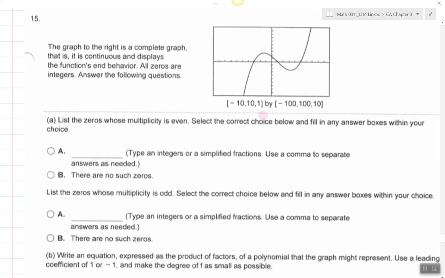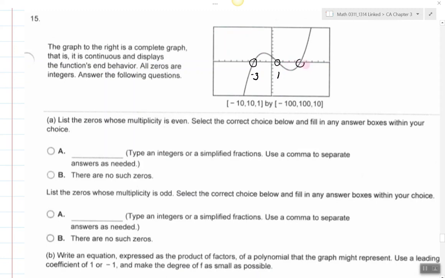Number 15. They show the graph, and you can mimic that on your grapher if you want to. Okay, I don't see the function, so maybe you couldn't. It says list the zeros whose multiplicity is even. Here is a 0 that appears to occur at negative 3. Here's a 0 that appears to occur at 1.